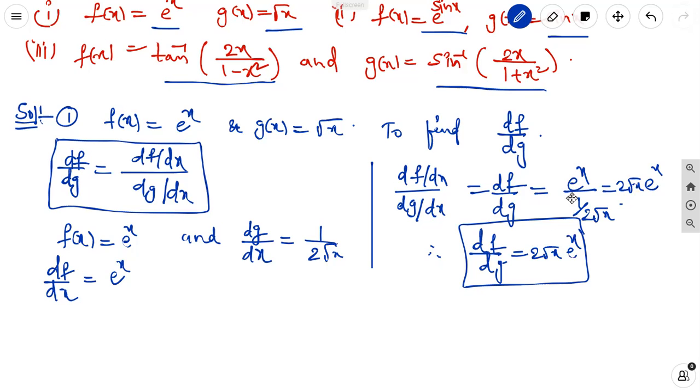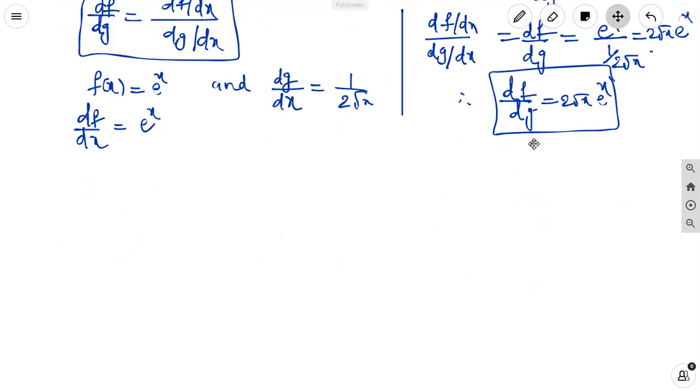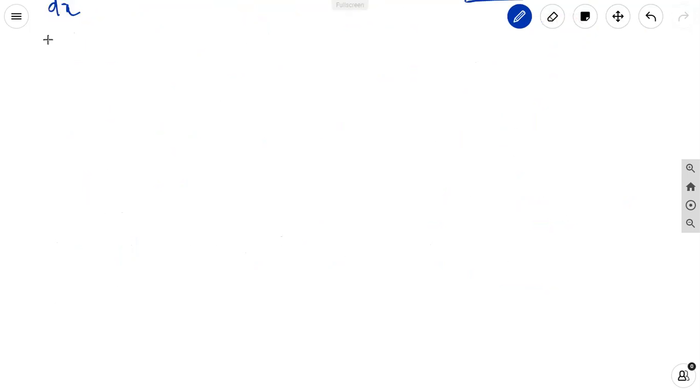The second problem is f of x equal to e power sin x and g of x equal to simply sin x.